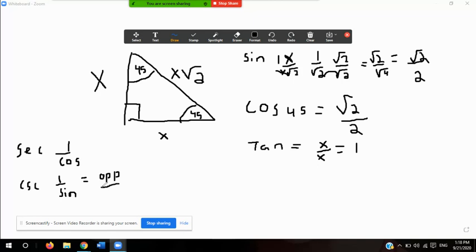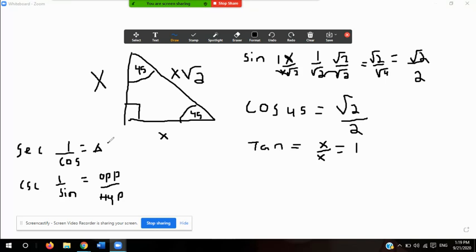And since, again, 45, 45, 90 is an isosceles triangle, which means I have two sides that are the same and two angles that are the same, the cosecant of 45 is also going to be the secant of 45. Now, for the secant, we have 1 over the cosine, or we can say adjacent over hypotenuse. It really is the same thing. That's why they're called reciprocal functions, okay?